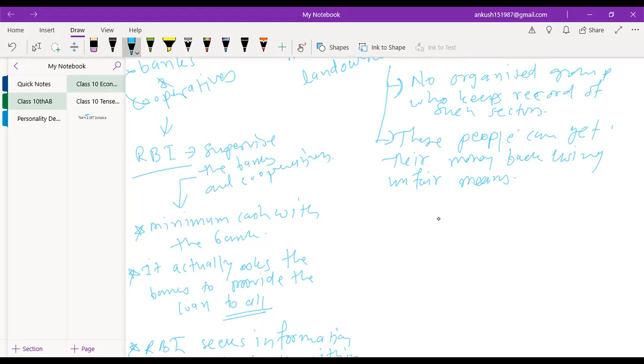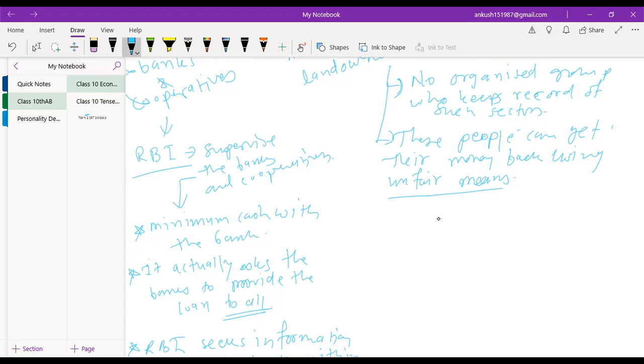Understood? Means any kind of unfair means can be used to get their money back by the informal sector loans. Have you got the point? Yes, sir.